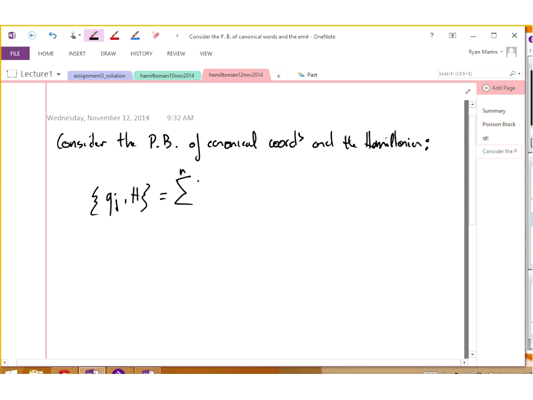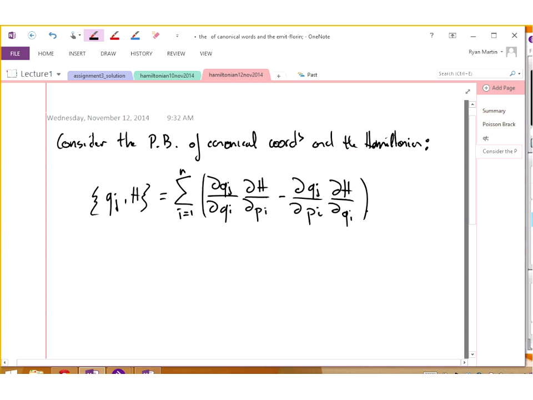So I just apply the definition. That's the sum from i equals 1 to n of ∂Qj/∂Qi, my first function, ∂H/∂Pi, minus ∂Qj/∂Pi ∂H/∂Qi.